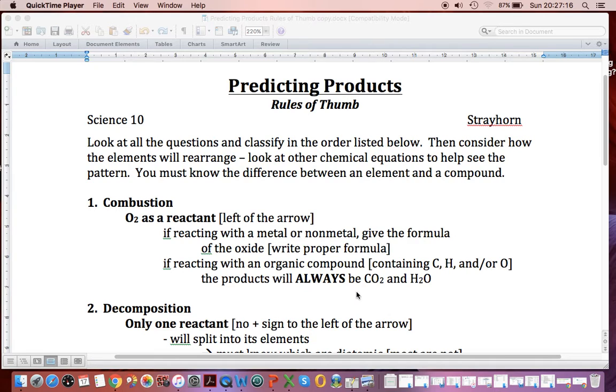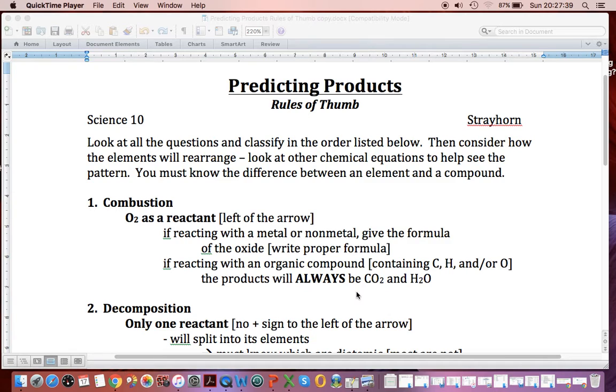Anyways, always, always, always CO2 and H2O. So if I take sugar and burn it, I'm going to make CO2 and H2O. If I take gasoline and burn it, I'm going to make CO2 and H2O. If I take propane and burn it, CO2 and H2O. So I automatically write down those in my products, and then I'm ready to balance.